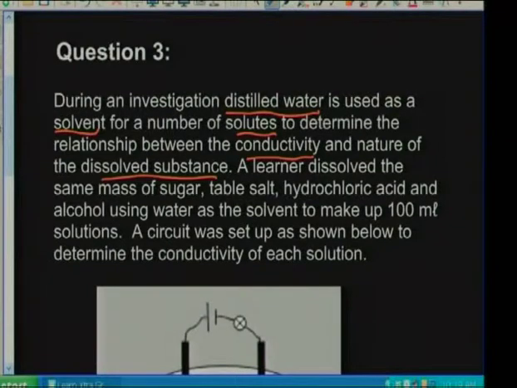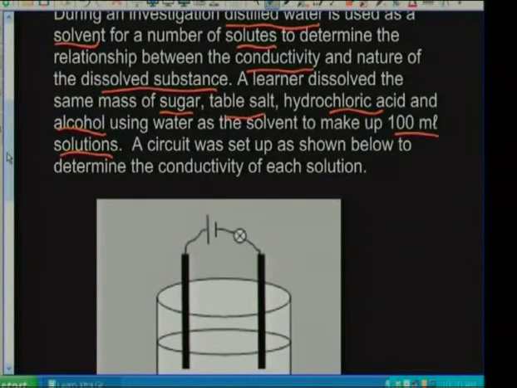A learner dissolved the same mass of sugar, table salt, hydrochloric acid, and alcohol using water as the solvent to make up 100 milliliter solutions. So we've done it right in terms of the solutions are all 100 milliliters. We've added water to make that up.